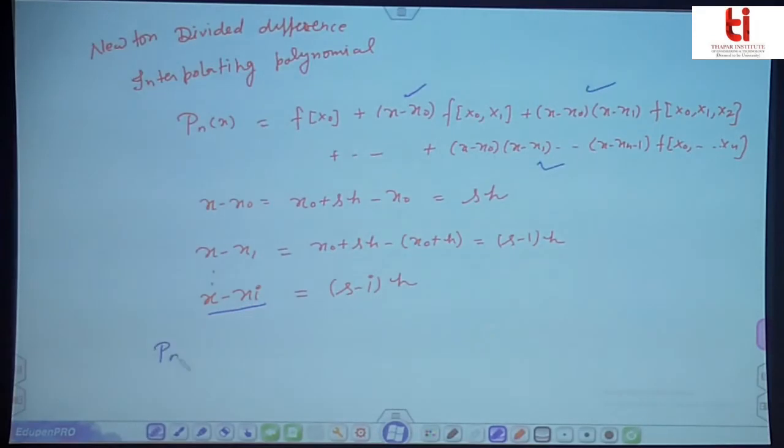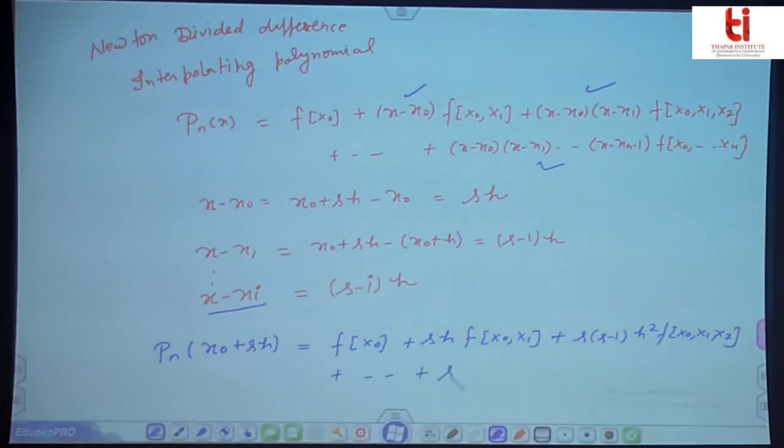So Pn(x0 plus sh) equals f(x0) plus sh f[x0, x1] plus s(s minus 1) h squared f[x0, x1, x2] and so on, plus s(s minus 1) up to (s minus n plus 1) h^n f[x0, ..., xn].